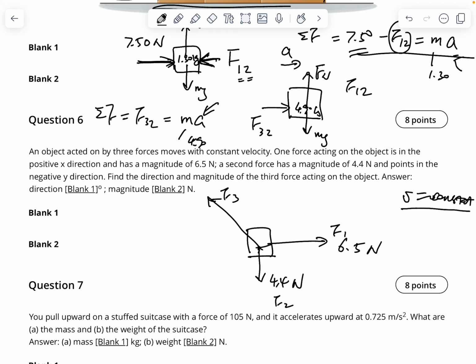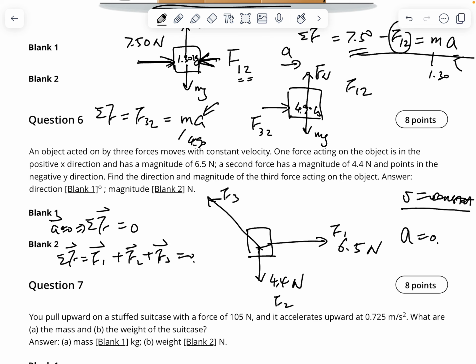If velocity is constant, then a is 0. If a is 0, which means net force is 0. So net force equal to F1 plus F2 plus F3 is 0, right?